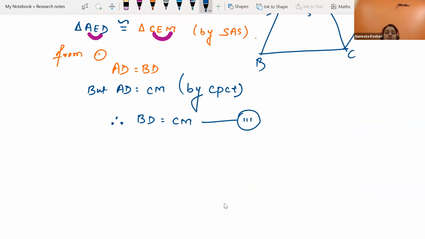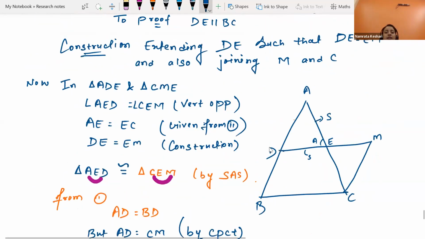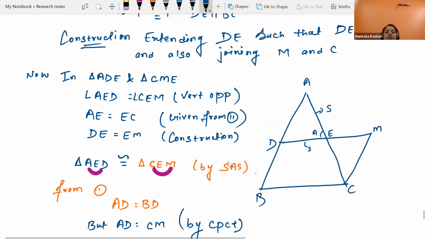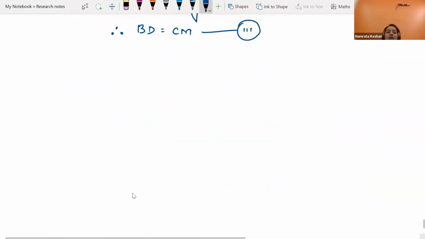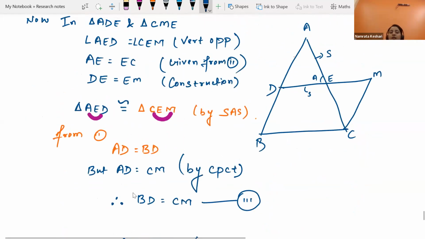Now we are going to say that AB is parallel to CM. Why? Because angle A over here is equal to angle C over there, again by CPCT.